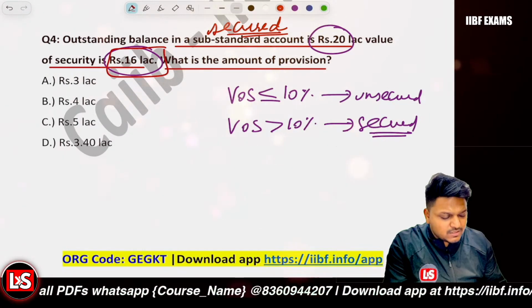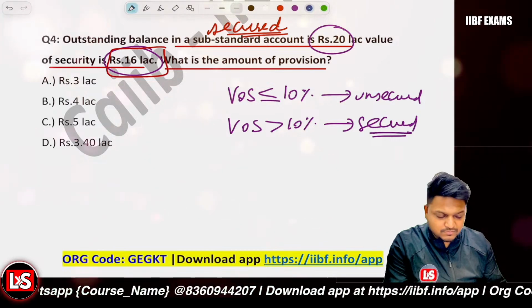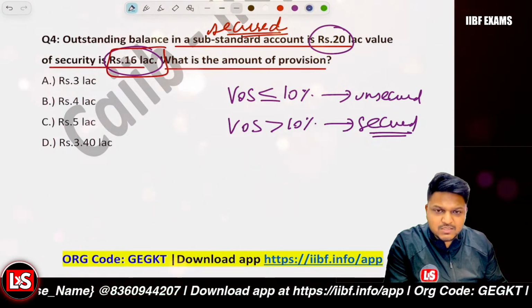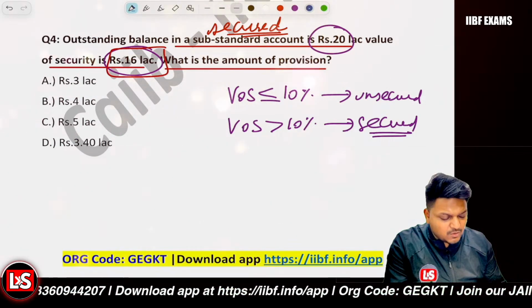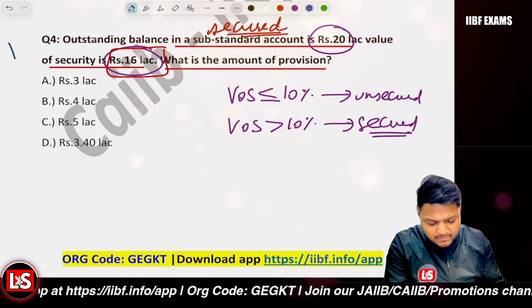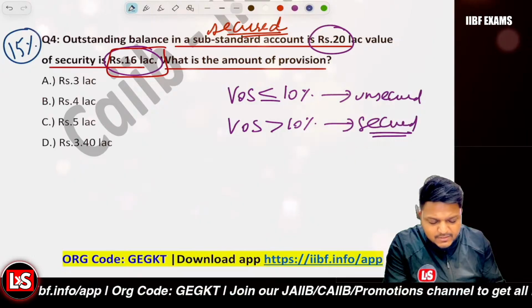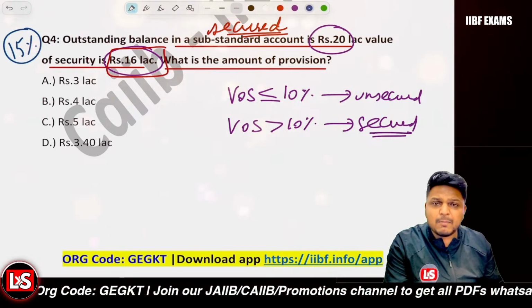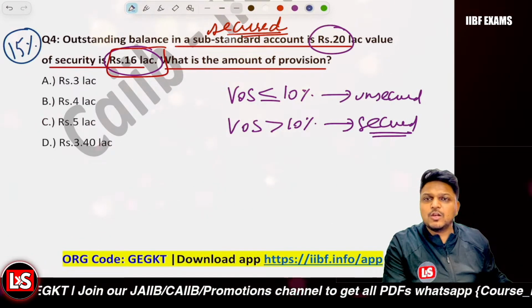When the account is a secured substandard account, the provision applicable is 15%. And this 15% provision is applicable on the complete loan amount.